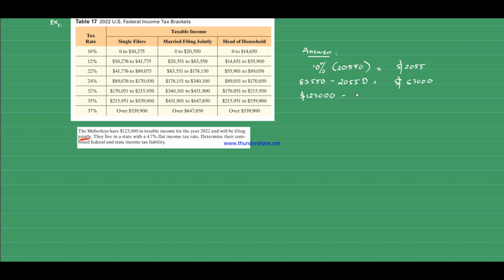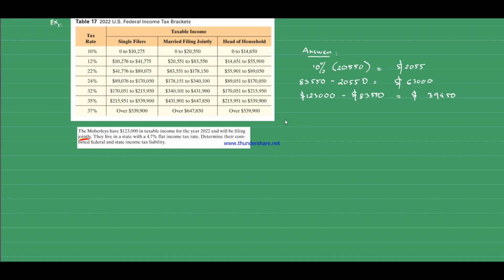I'm sorry, 83,550, not this, because this is including this part, so we're gonna subtract this. Put into the calculator, 123,000 minus 83,550 gives you 39,450. Okay, so this is the amount we had to apply the tax rate.